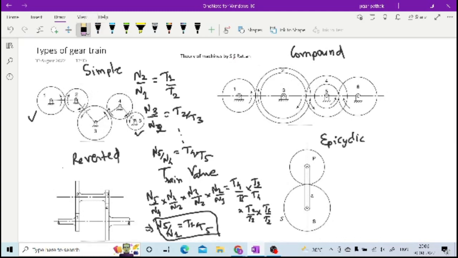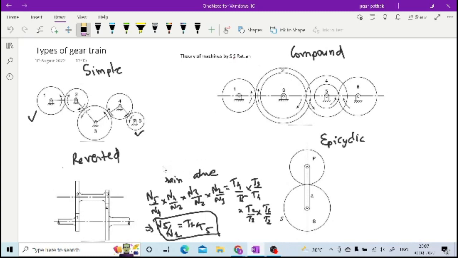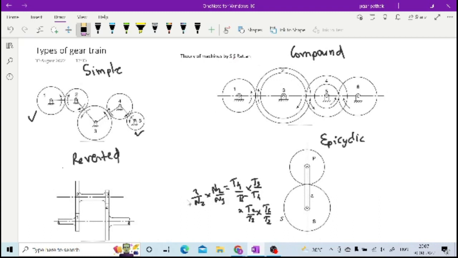And in a simple gear train, when you are having an odd number of shafts, then the direction of driver and driven will be the same, and if you have an even number of shafts, then the direction of driver and driven will be opposite to each other, right? So this is how you are having the train value for the simple gear train. Sir, you have said that the direction will be the same for odd number.